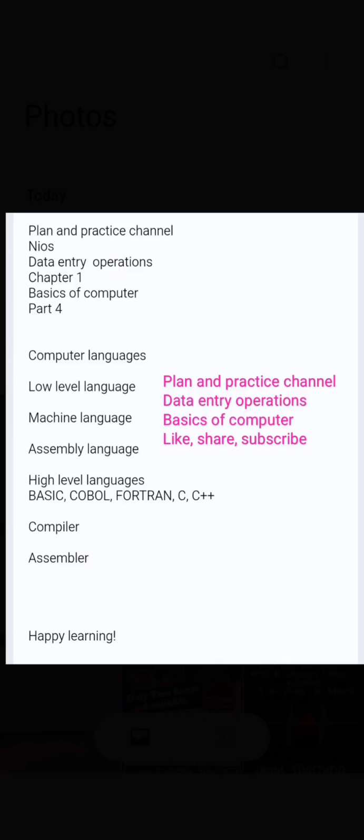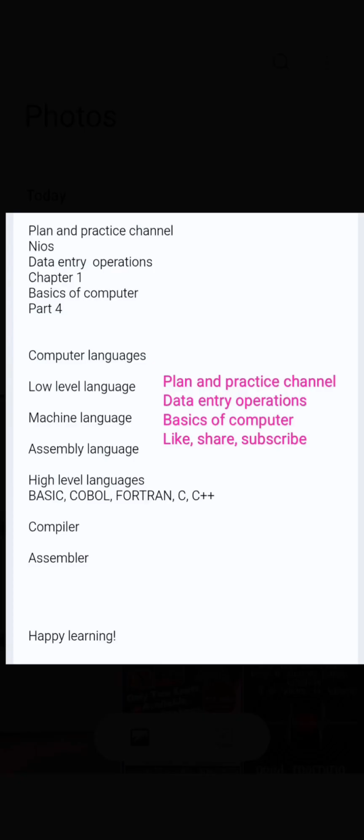Next we have C, a structured programming language used for all purposes such as scientific applications, commercial applications, developing games, etc. C++ is a very popular high level, object oriented programming language used for general purpose.